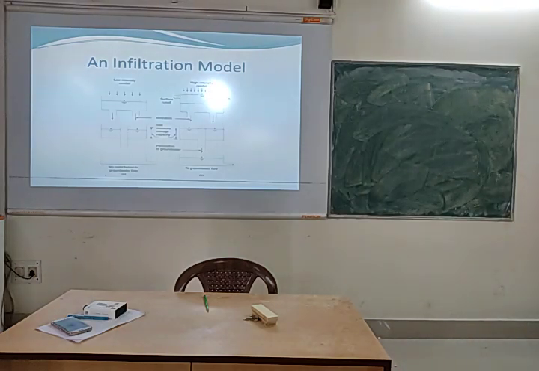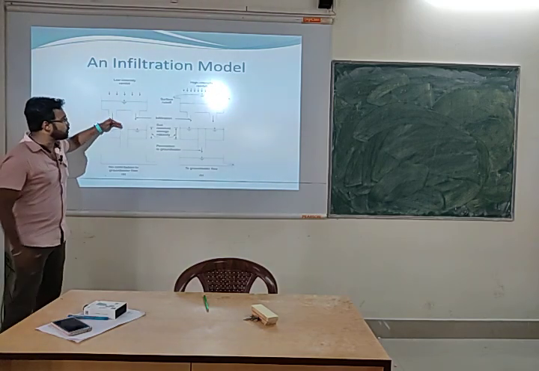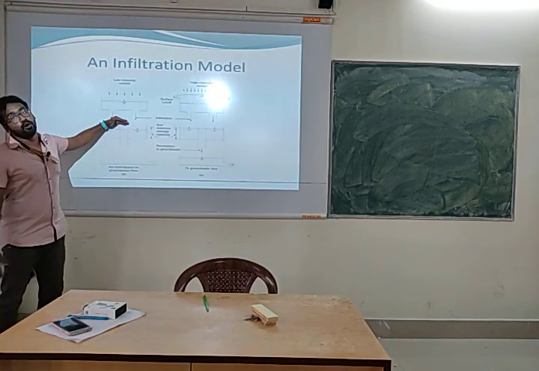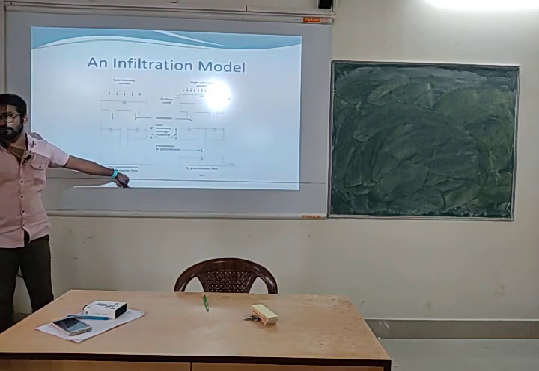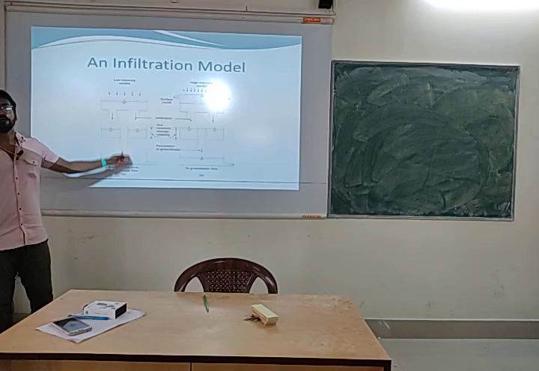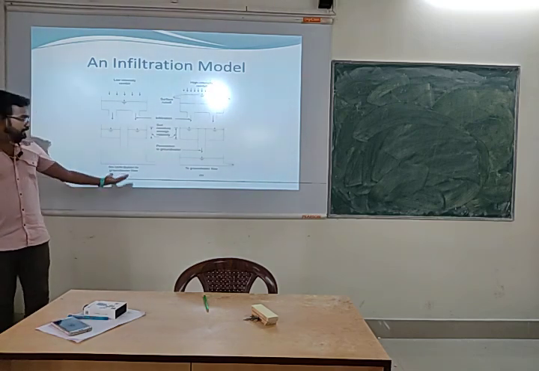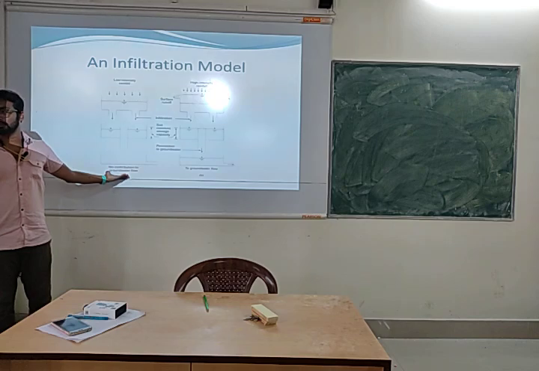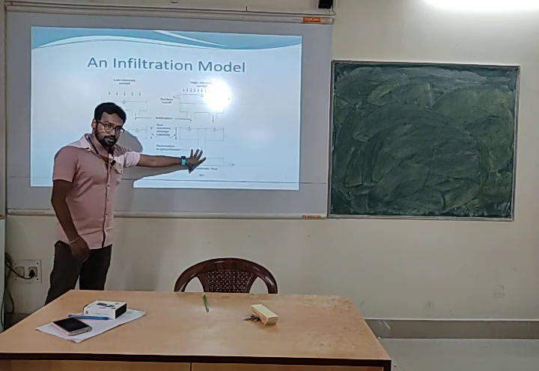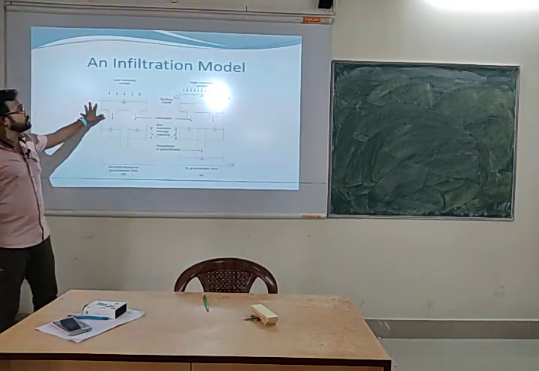I have already told you that soil will hold some amount of water with respect to its capacity. This is the capacity of the soil. It will hold this amount of water, and only then will the excess water flow downwards and meet the groundwater level. This is the groundwater level here also.